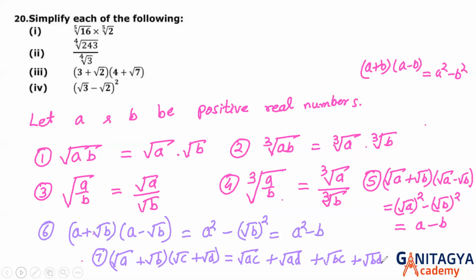Okay, so this is property number 6. Please write these properties and then solve this question. That would be very easy for you. One more, I will write property number 7, which is useful for this one. Written this? Yes, sir. Okay, so can I rub it off?